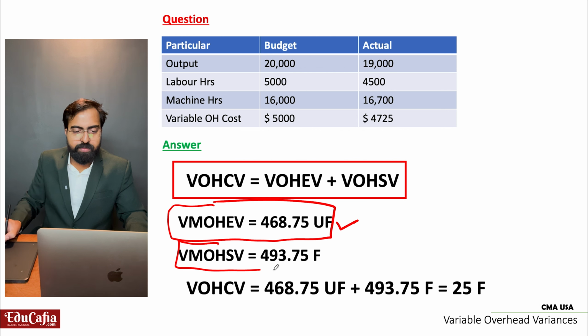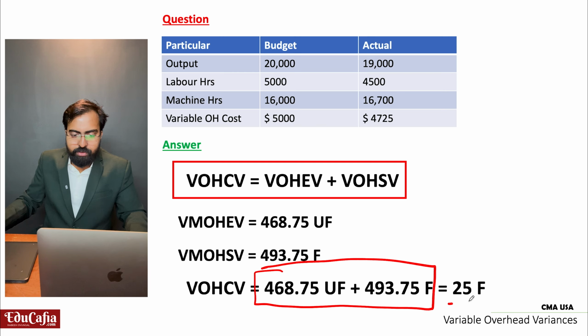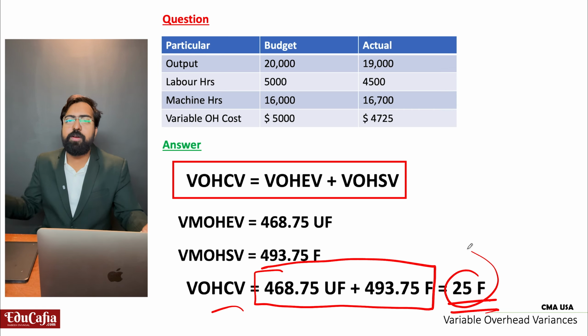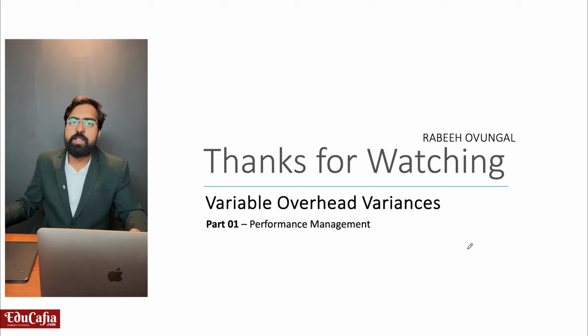Spending variance we have calculated 493.75 favorable. If I add these two together, I will get 25 favorable. That is what we got in the beginning as cost variance, 25 favorable. You got it? So this is all about variable overhead variances.